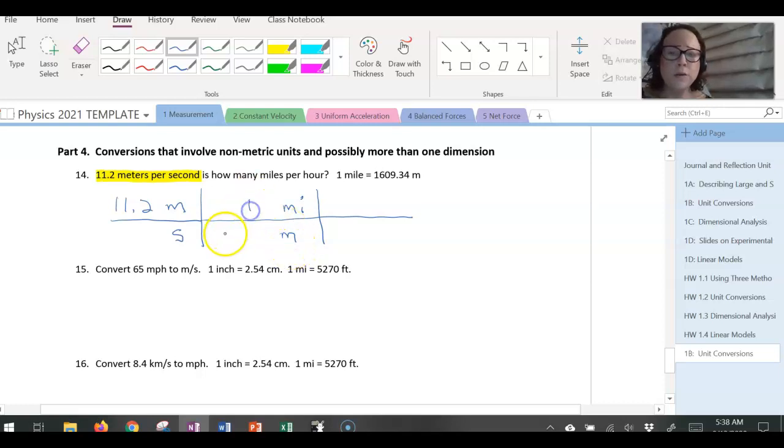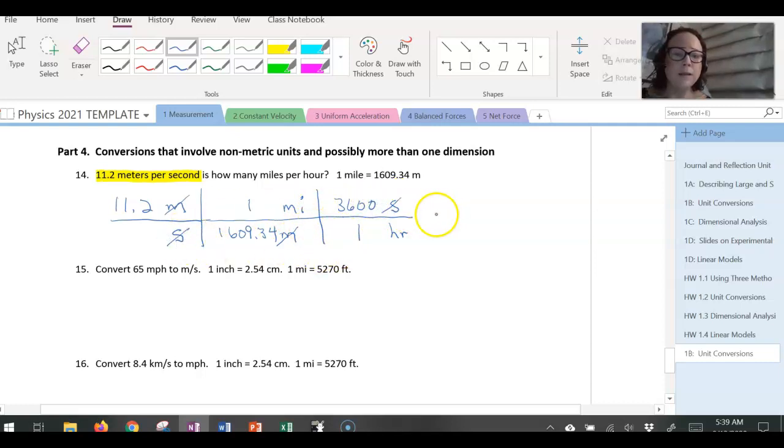So 1 mile is 1,609.34 meters. If I do this math, meters will cancel and I would have miles per second. But I also want to convert the time dimension, and I want to go to hours. Since I want seconds to cancel, I need to put seconds above the fraction bar and hours below. And I know that 1 hour is 3,600 seconds.